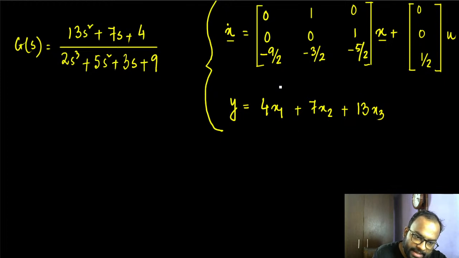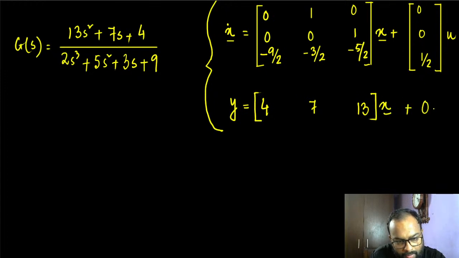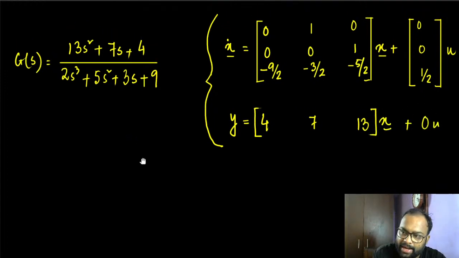So we could write this as a matrix simply. And that completes that state space model.